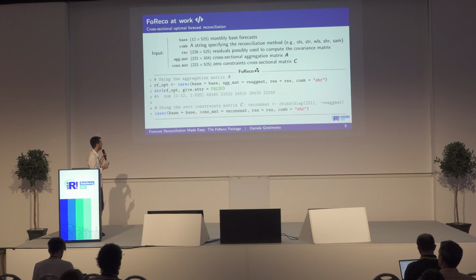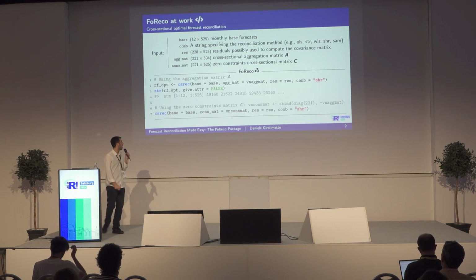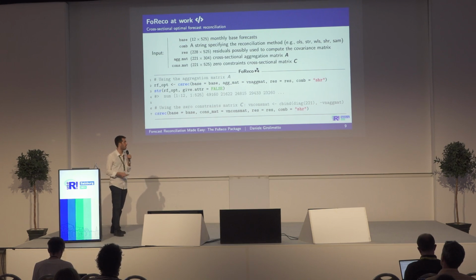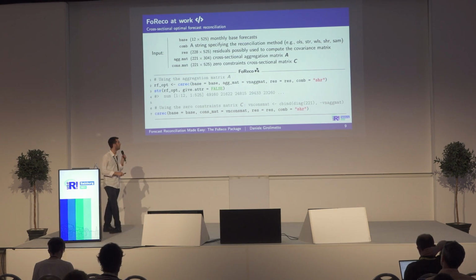On the other hand, we have the comb parameter that tells the function which reconciliation method to use. As you can see, in this case, we have 5 different reconciliation approaches. We can also give the residuals if we need to compute the covariance matrix. For example, for OLS and this STR reconciliation method, we don't need the residuals.